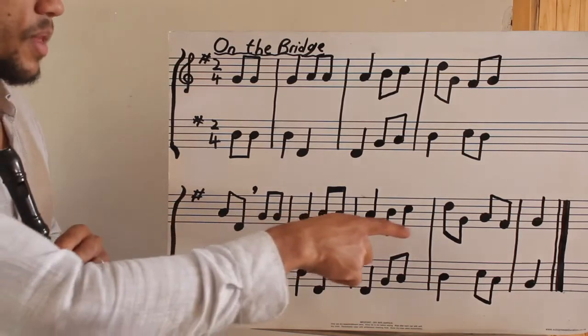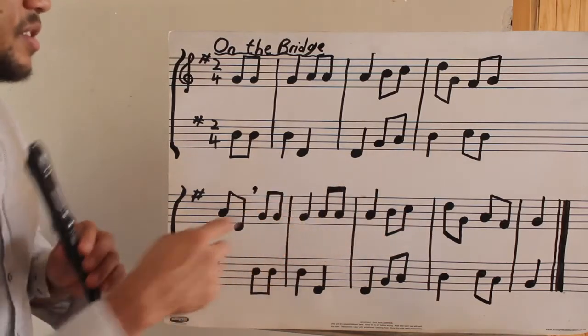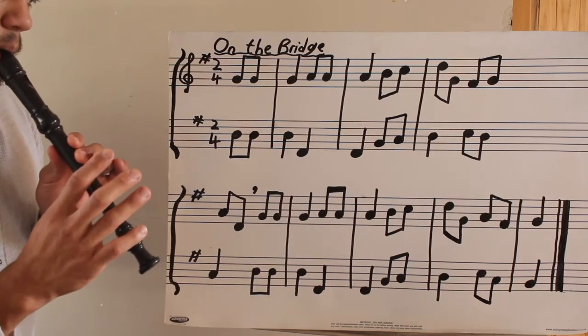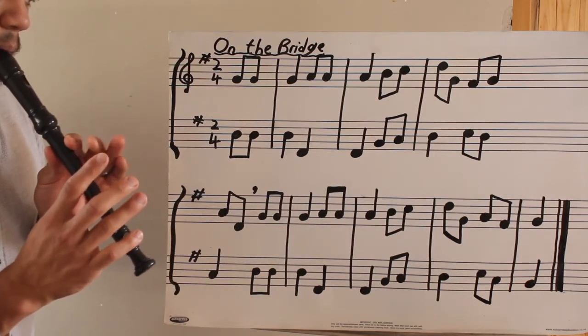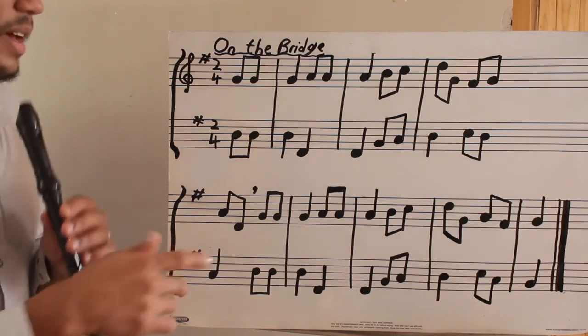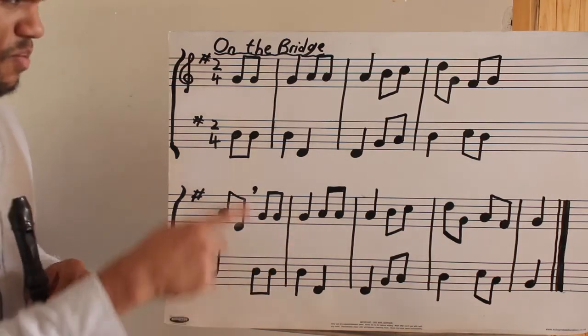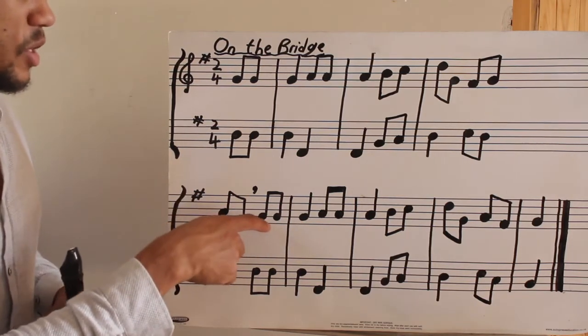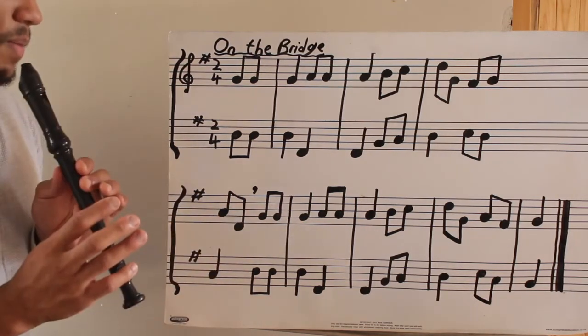Let's take it from this bar over here, bar number 6. 1, 2. Kind of sounds a bit weird when you take it from there. So let's try and take it from these 2 G's over here, just at the end of bar 5. 1, 2.